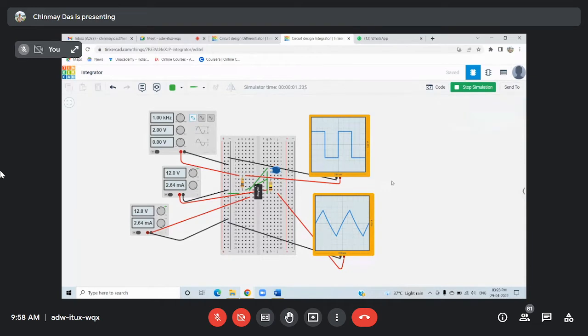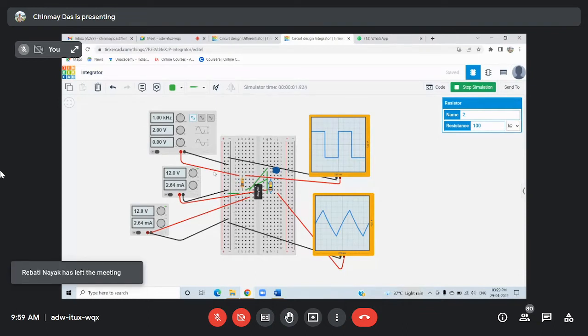So take a screenshot of this and note down the values. This is input 1 kilohertz, 2 volt peak to peak. This is 12 volt fixed. This resistor is 10 kilo ohm, and the second resistor, connected between output and pin number 2, is 100 kilo ohm.